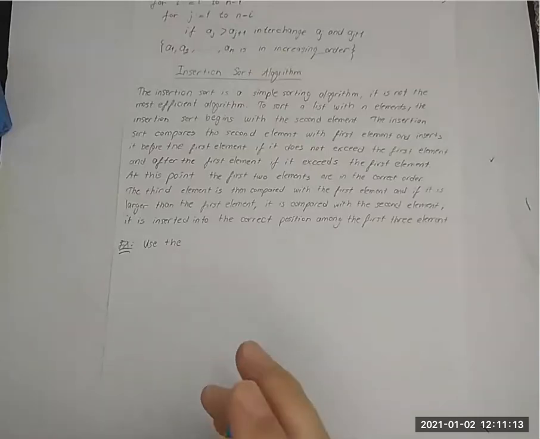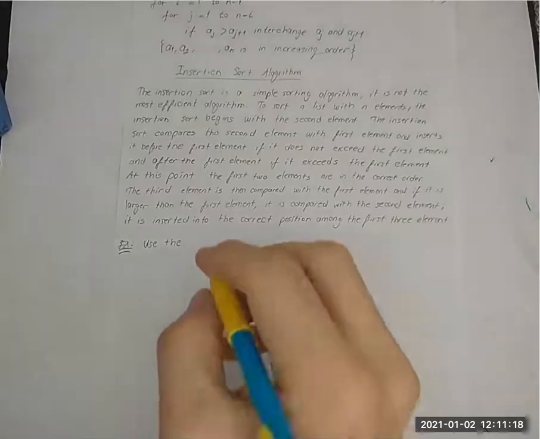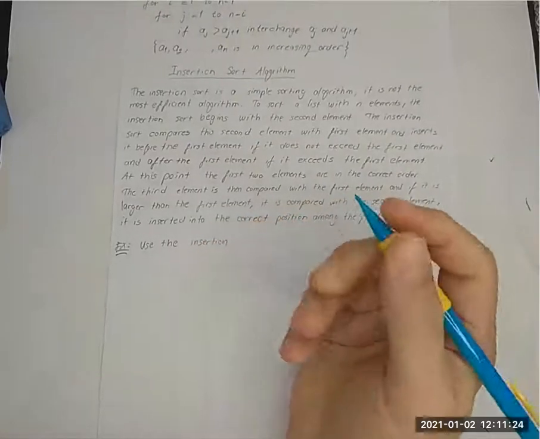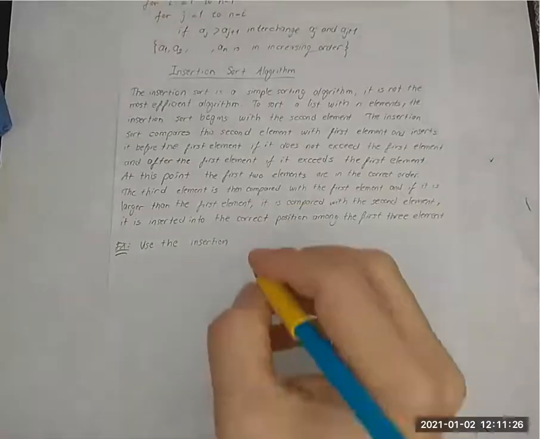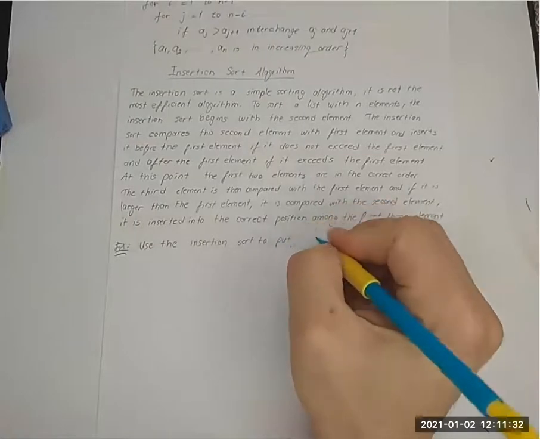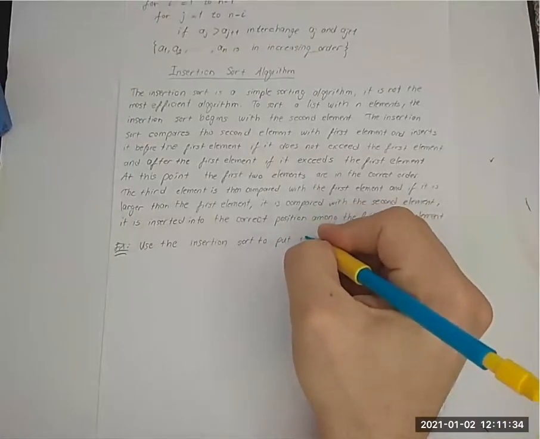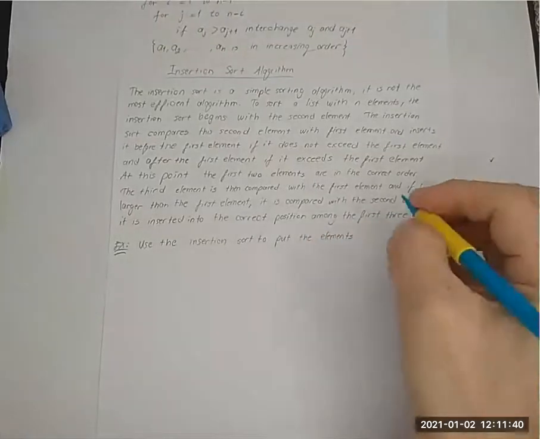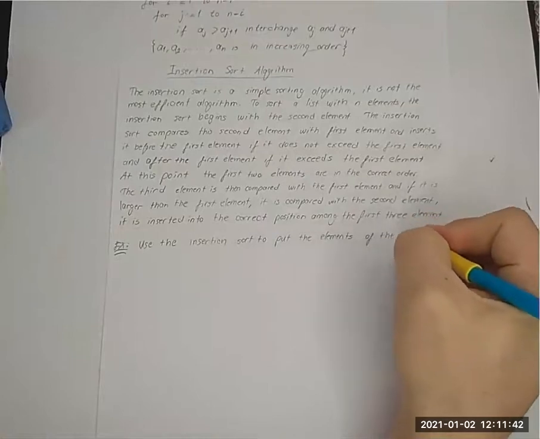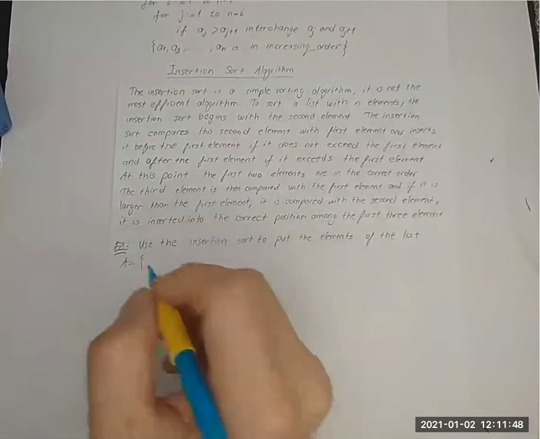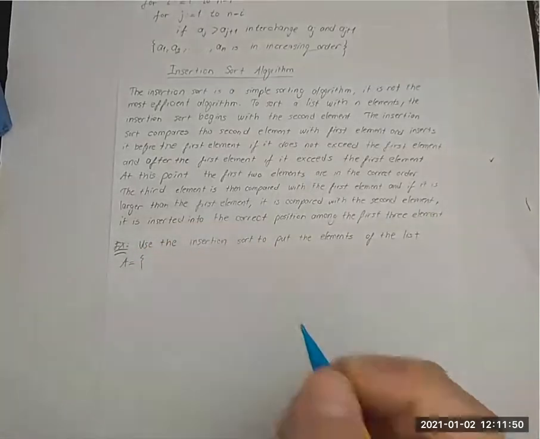Then continue to insertion sorting. Use the insertion sort to put the elements of the list in order. We have again the same set. We won't see any set in the computer side.